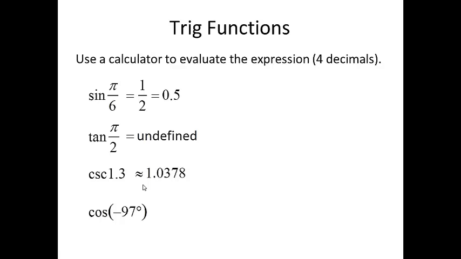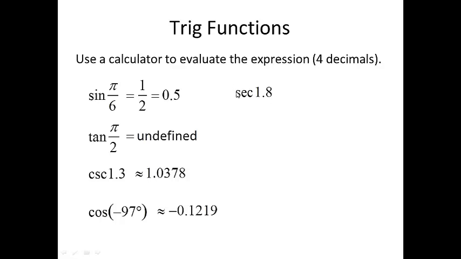What about the cosine of negative 97 degrees? Okay, now it has a degree symbol. Make sure your calculator is in degrees. And you should get negative 0.1219. What about secant of 1.8? Again, this is in radians because it doesn't have a degree symbol.